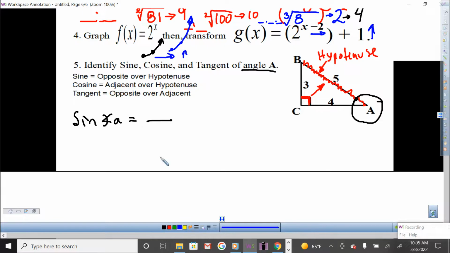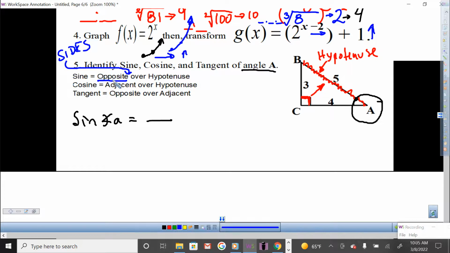What are the instructions? The instructions are sine is opposite, and all these are sides. Sides, not angles. These are sides, all of these. These are angles. Let me repeat that again. These are sides, these are angles.